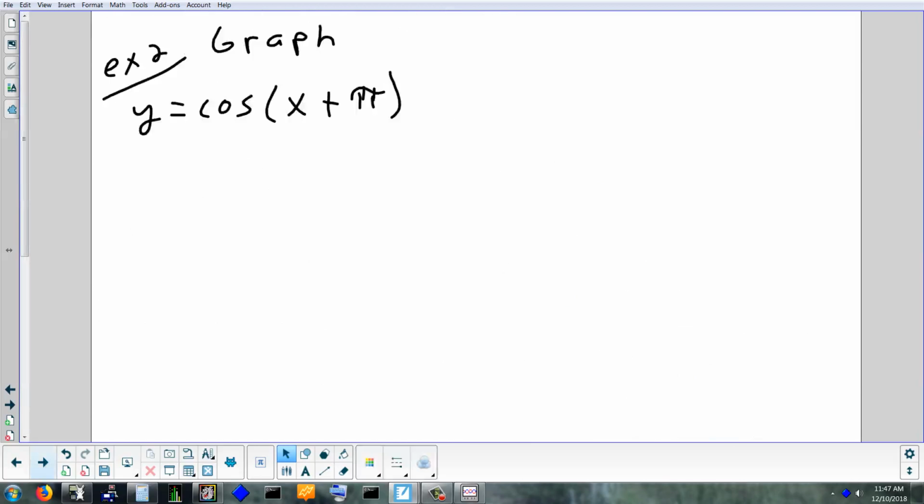All right, so the only thing that's kind of a pain about that is you got to deal with the fractions with pi. Let's do a cosine. Okay, first of all, if this was a test problem, I'd have to figure out what kind of transformation it is. It's adding, it's inside, so I know it's a phase shift.